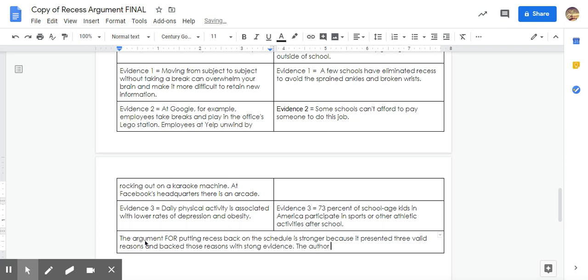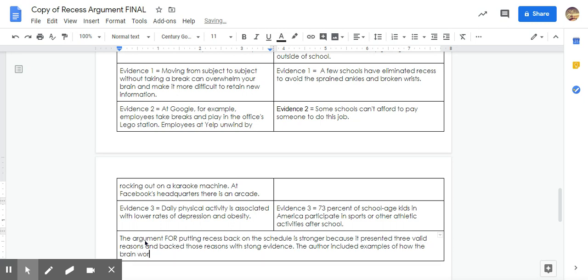The author included examples of how the brain works, how healthy exercise is, and how it can benefit both adults and children. Okay, so this is what your answer for this would look like.